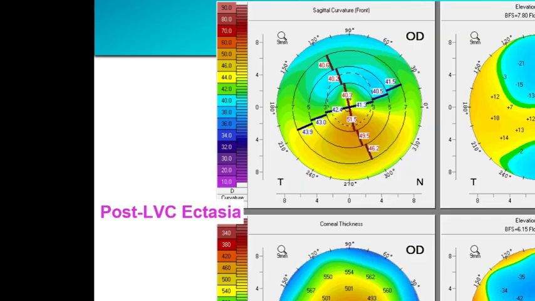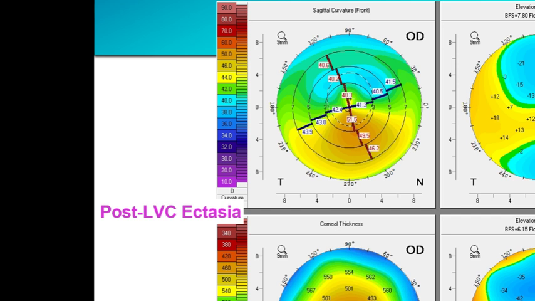Okay, now post-LASIK ectasia. This is a case of ectasia after LASIK. Ectasia may happen after PRK as well, and after SMILE as well. So, many factors behind this, of course.